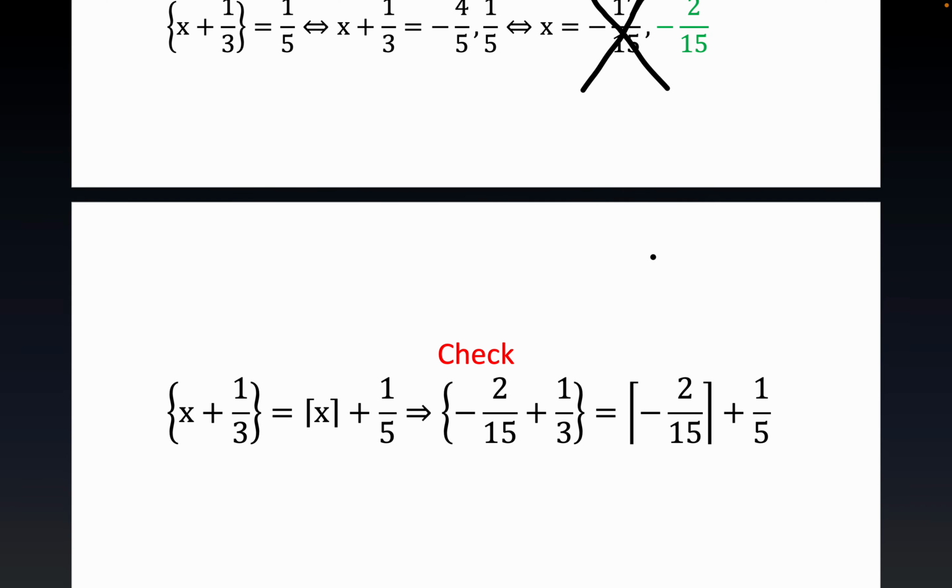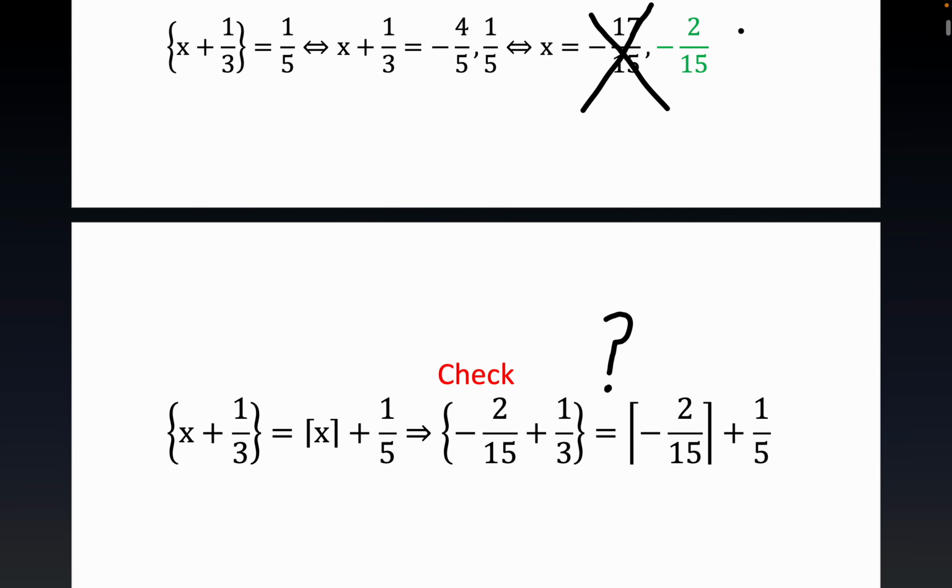Now again, folks, this is a check right here. I'm not trying to say they're equal. Let me put a question mark here, because we're checking to see if equality is true. We're taking minus 2/15 and substituting it into the equation we were interested in at the beginning of the problem.